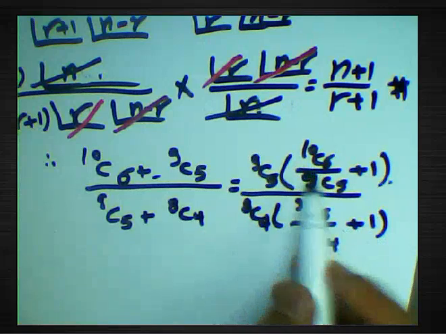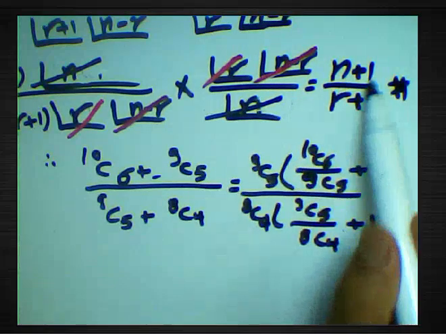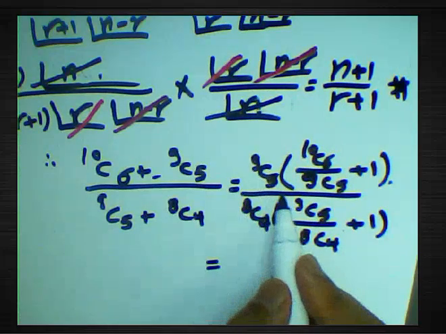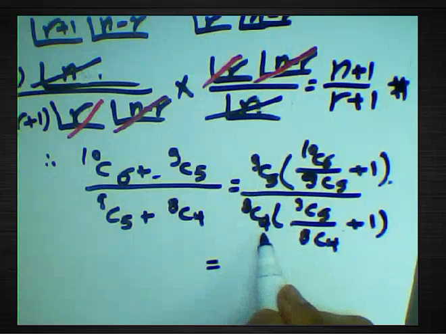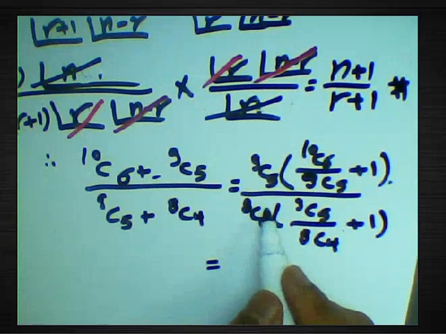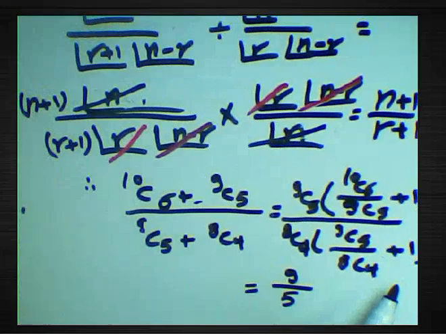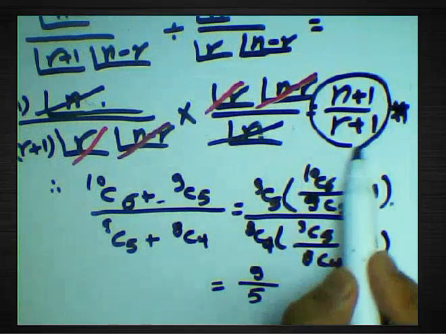And we have here the rule, n plus 1 over r plus 1. For this example, 9 combination 5 over 8 combination 4, we can write the ratio. n plus 1 equals 9 and r plus 1 equals 5 for the first combination. Again, we have the ratio here, the result will be n plus 1 over r plus 1.